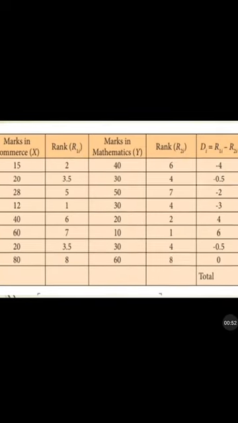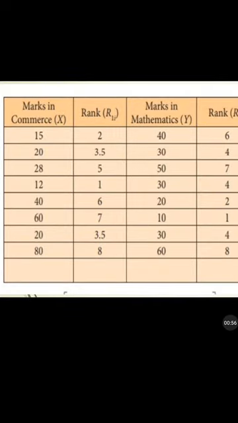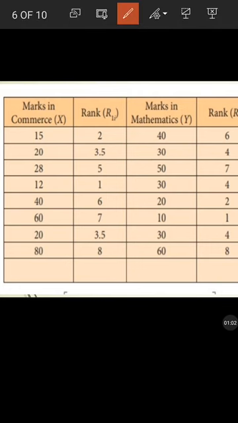Here you see, in x, the value which is repeated is 20. Which value is repeated here? In x, 20 is repeated. And here in y, the mark 30 is repeated.